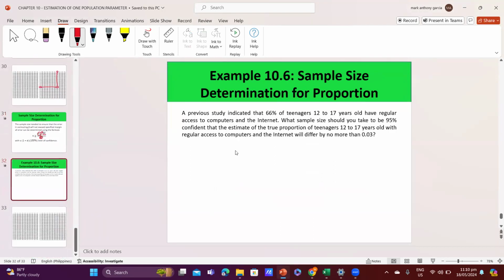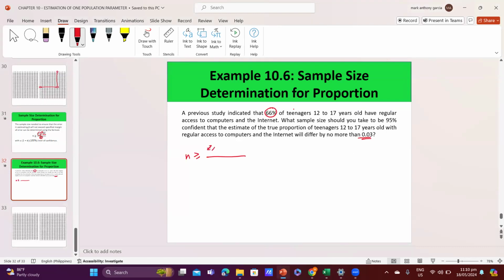Okay, so let's have an example for this. A previous study indicated that 66% of teenagers 12 to 17 years old have regular access to computers and the internet. What sample size should we take to be 95% confident that the estimate of the true proportion of teenagers 12 to 17 years old with regular access to computers and the internet will differ by no more than 0.03?